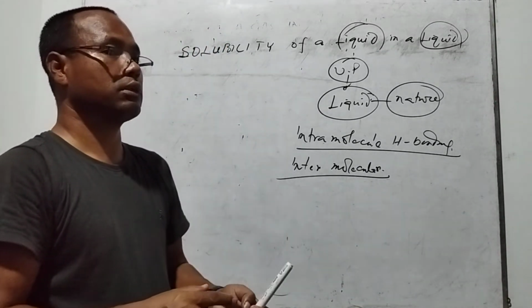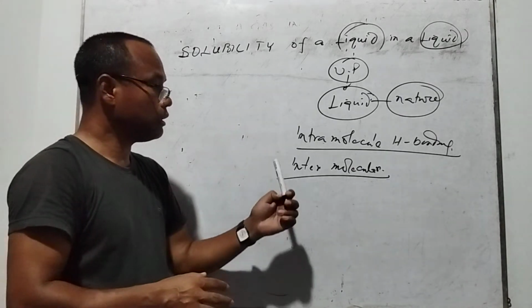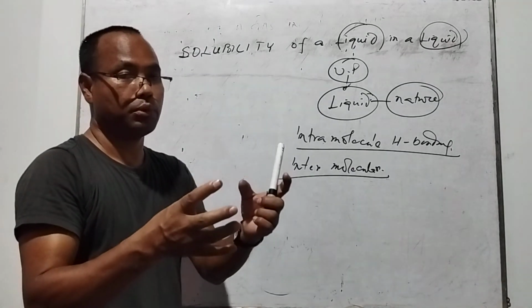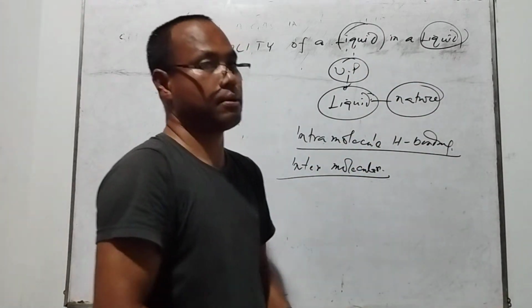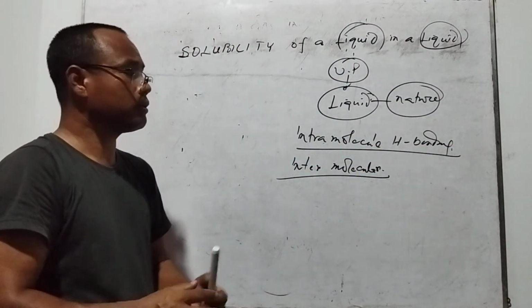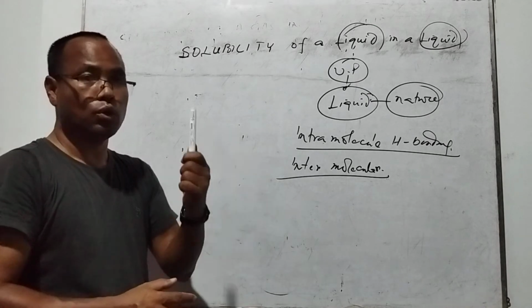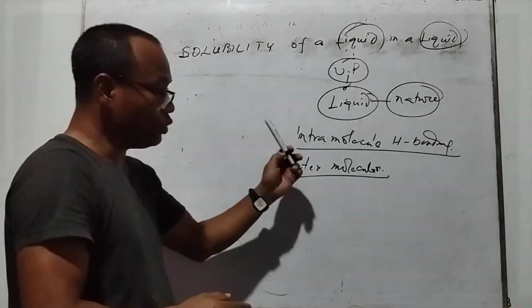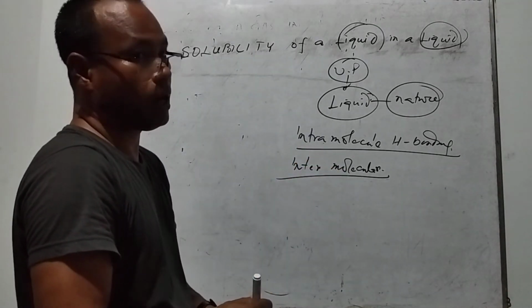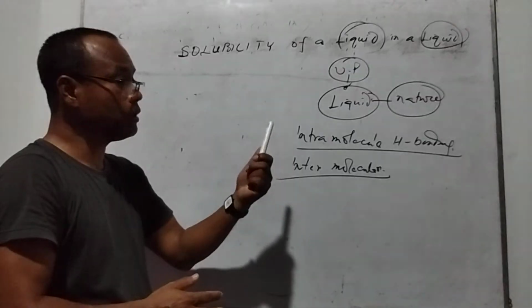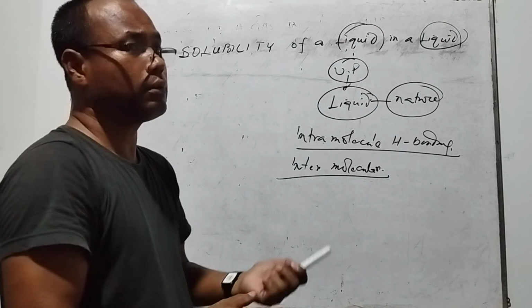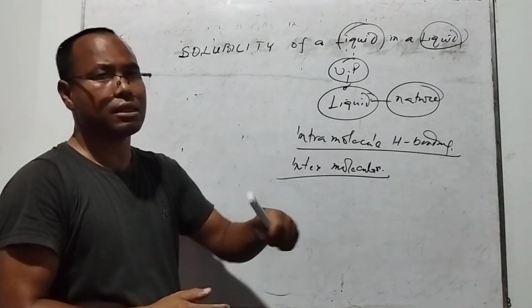Those liquids containing intermolecular hydrogen bonds find it difficult to escape as vapor. That means that liquid has a low vapor pressure. Those liquids containing only intramolecular hydrogen bonding can easily vaporize.